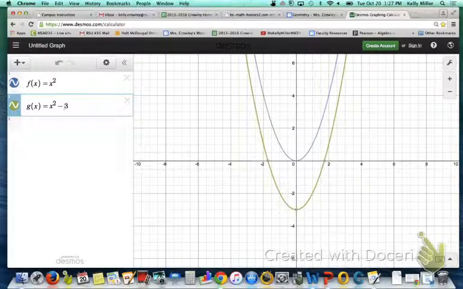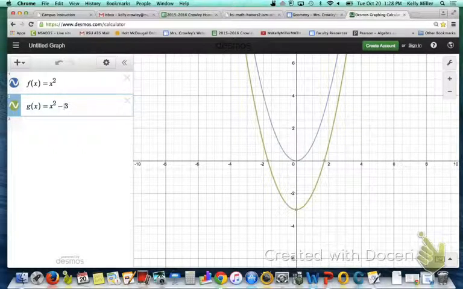On your parent graph. It's called parent graph, the most simplest form. Right now, f is our parent graph. So y is equal to f of x plus k. If k is positive, where's my graph going to move? Up or down? Up.